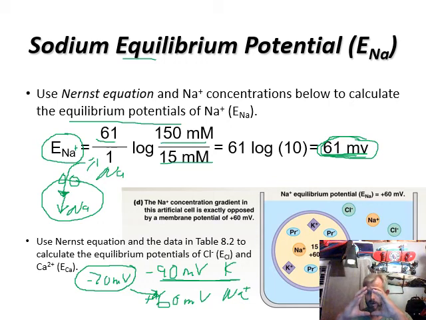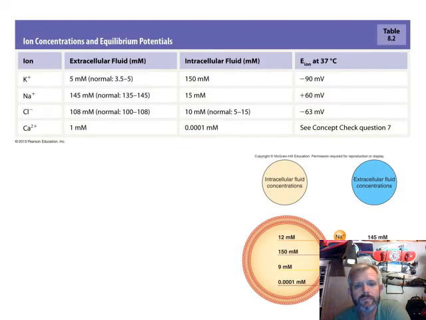The cell at rest is more leaky to potassium than it is to sodium coming in, and therefore our membrane potential is much closer to the potassium electrochemical equilibrium. Right? Here's some numbers. You can see calcium and chloride are similar to sodium in that they would move in.